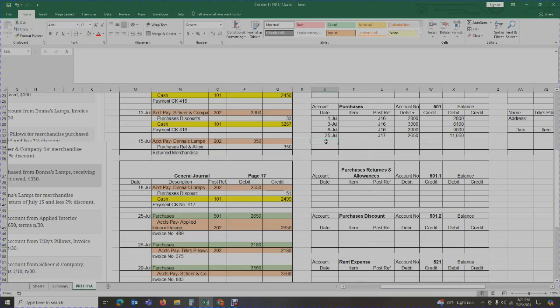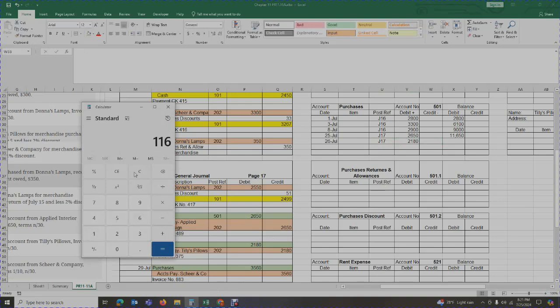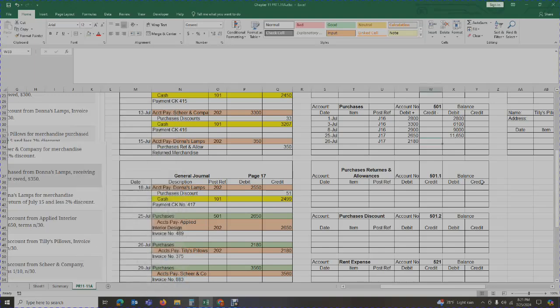We're going to go to July 26th. That is journal 17. And we have another debit of, on the 26th, of 2180. So we're going to go ahead and we're going to add the 11,650 plus 2180. That gives me 13,830. Okay, 13,830. Okay, we're going to go back and enter account 501.